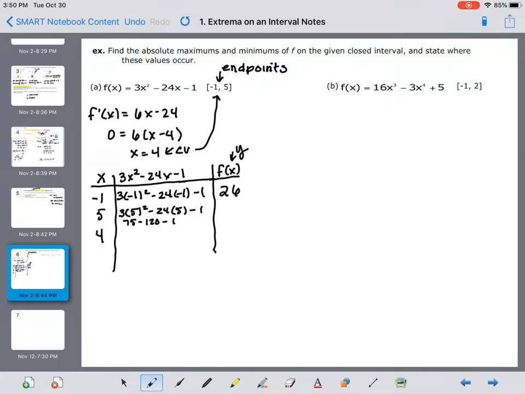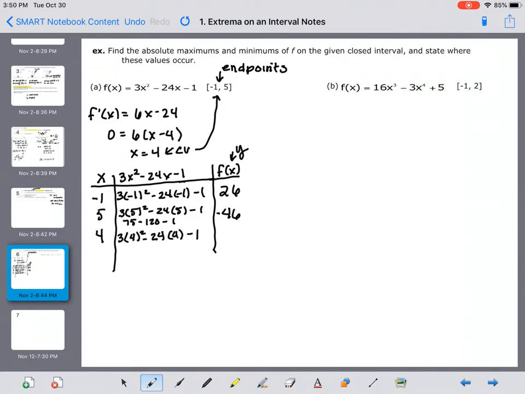So negative 45 minus 1, so negative 46. I might be a little off there. And then the last one. We want to plug it in because what we're looking for is our highest y value and our lowest y value. Okay.